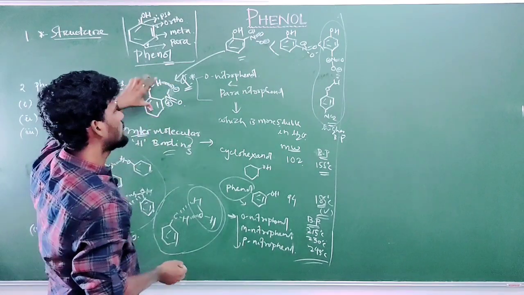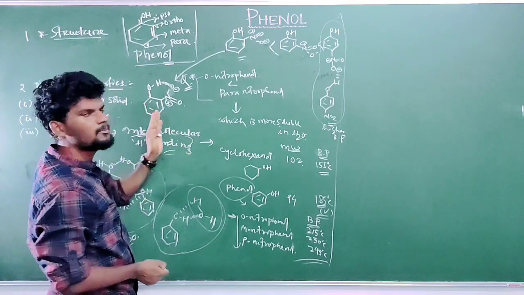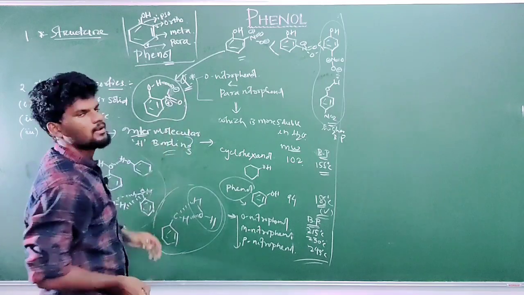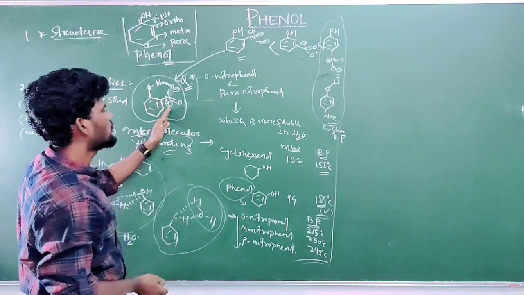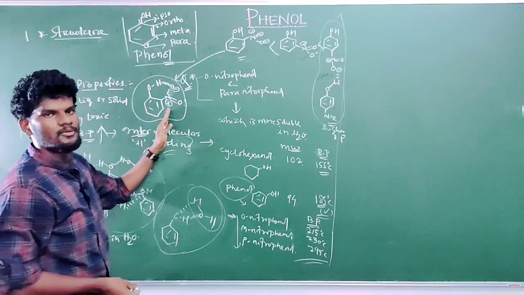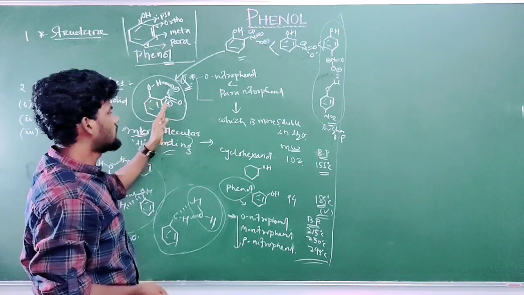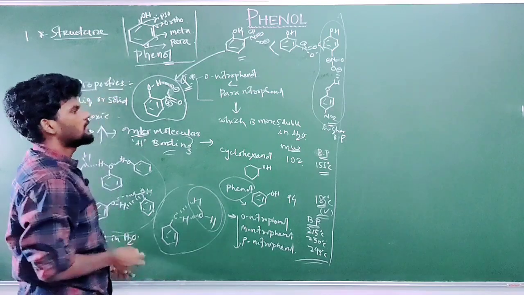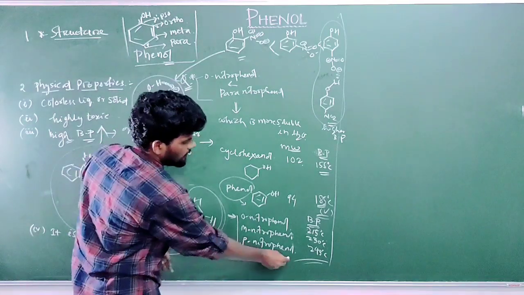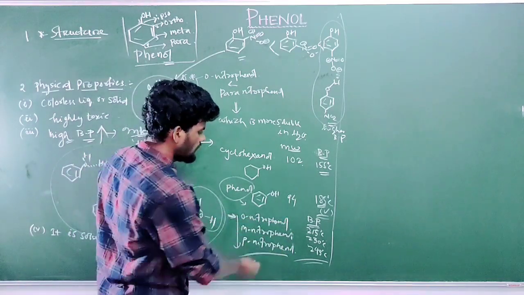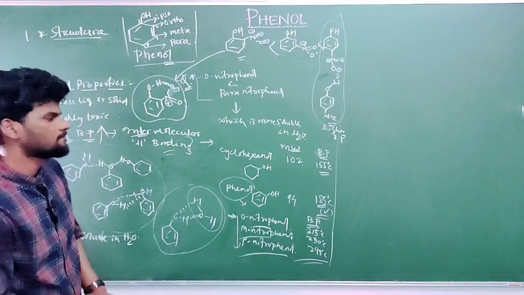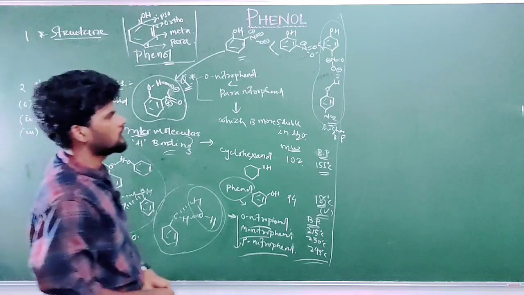This is intramolecular hydrogen bonding, meaning within the molecule, and intramolecular hydrogen bonding is less stable than intermolecular hydrogen bonding. So that is why the order is para nitrophenol has a higher boiling point than meta nitrophenol, then ortho nitrophenol. Okay, all of you got it?